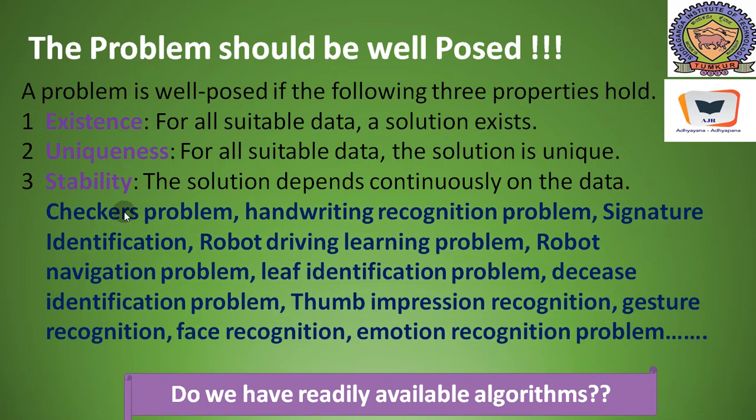And we can quote several examples for this. Checkers problem, and all these problems have been solved using machine learning techniques. Checkers problem, that is chess playing problem, handwriting recognition problem, signature identification, robot driving learning problem, robot navigation problem, leaf identification, disease identification problem, thumb impression recognition, gesture recognition, face recognition, emotion recognition problem, and the list is very big.